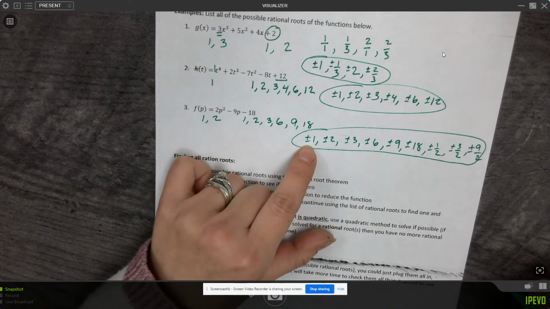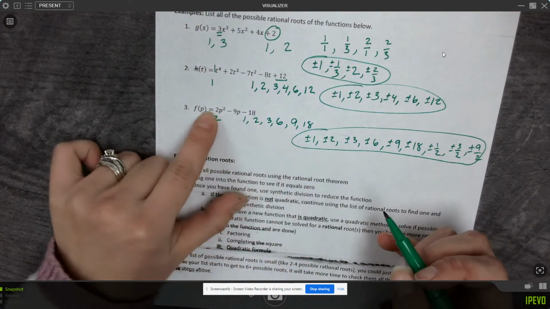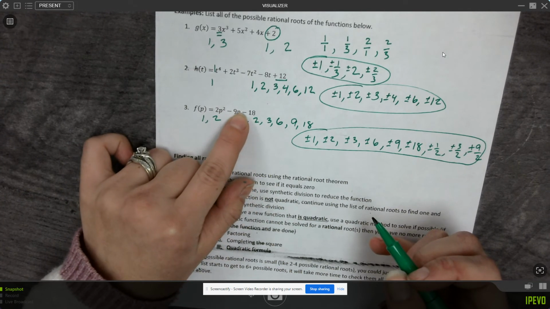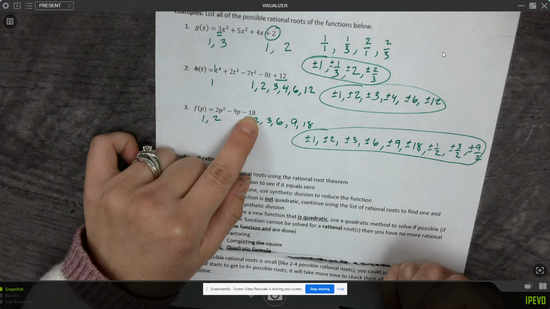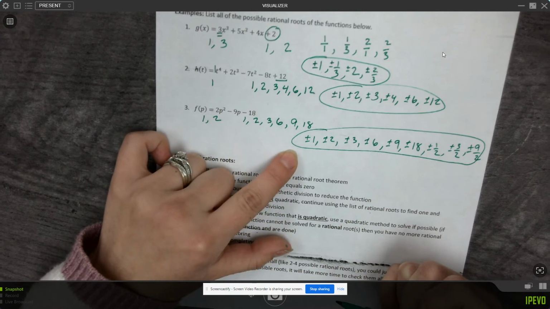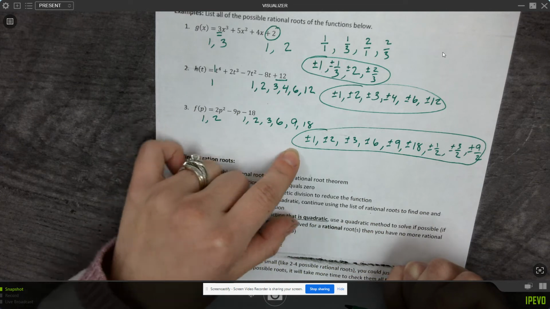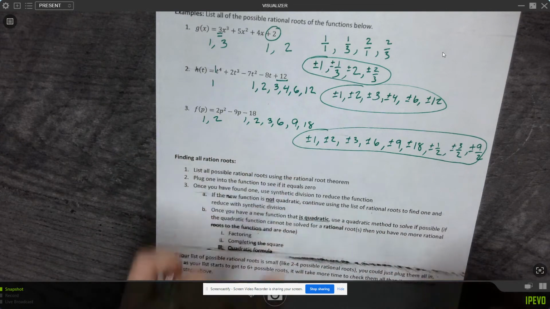So like there are 2 rational roots here, 1 and -1. I would plug 1 in for p and see if, when I do 2 times 1 squared minus 9 times 1 minus 18, I get 0. And if I do, that's one of your rational roots. And if it's not, start over, do it again with -1. If that equals 0, it is one of your rational roots. But if not, move on to 2 and -2 and then 3 and -3.